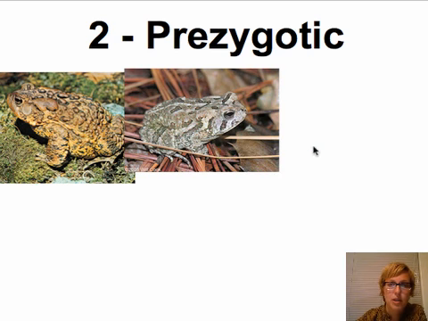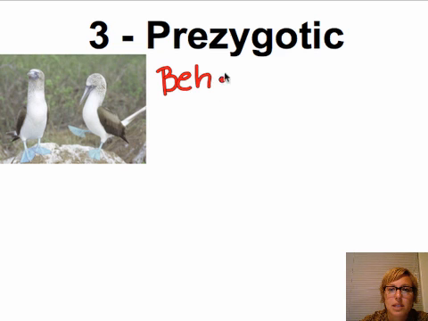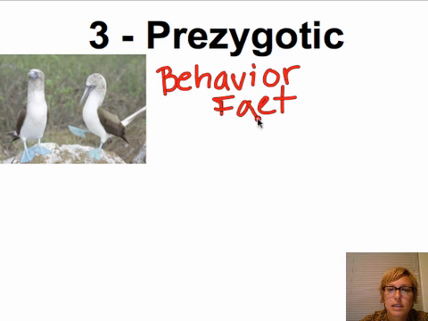So, our third pre-zygotic barrier is a behavior factor. Behavior is a big deal, especially in birds and especially when attracting mates. Now, blue-footed boobies are these really cute little birds that live in the Galapagos Islands, and they have these really awesome blue feet.